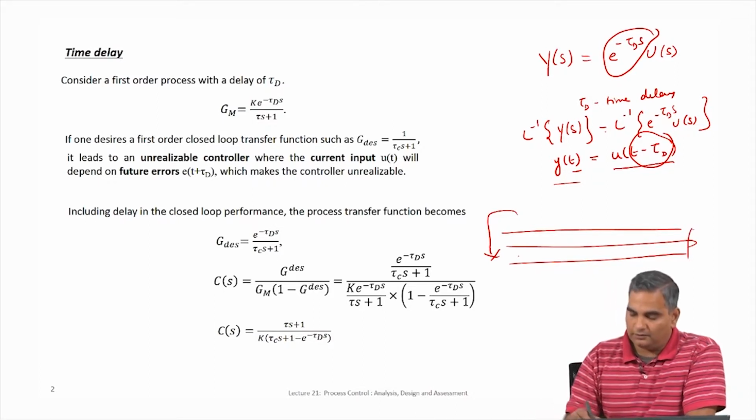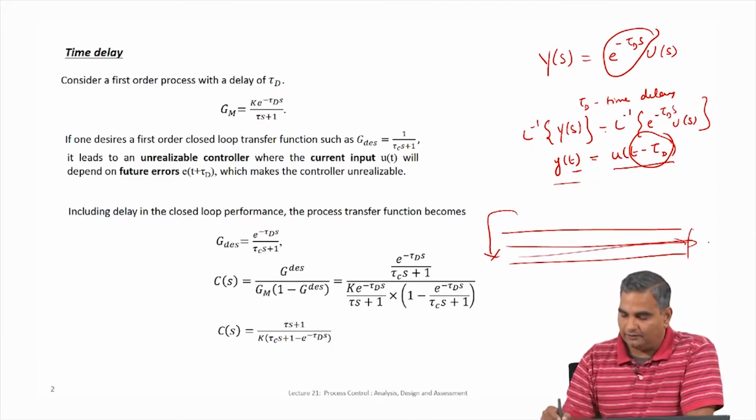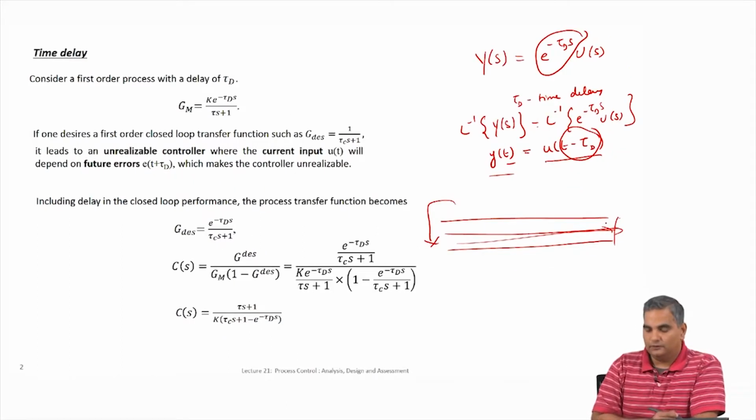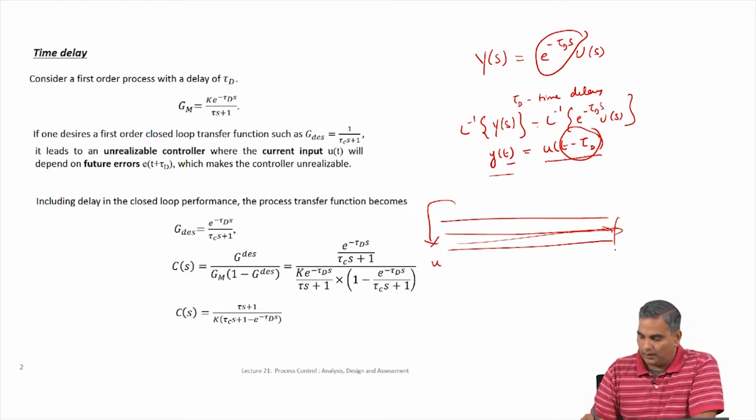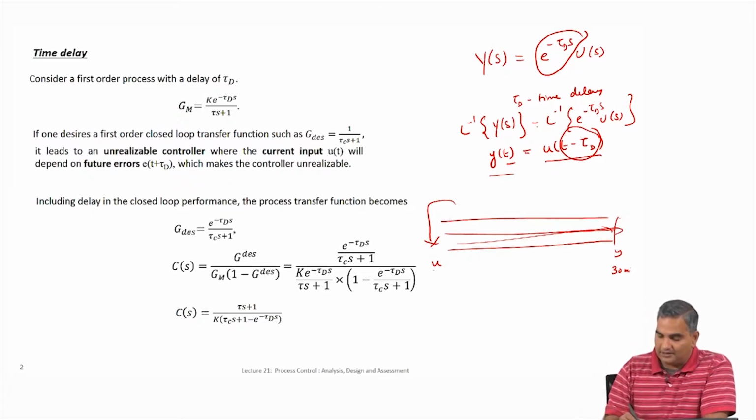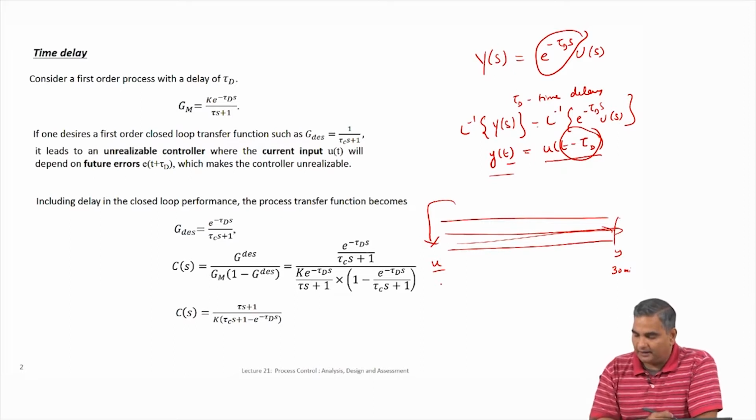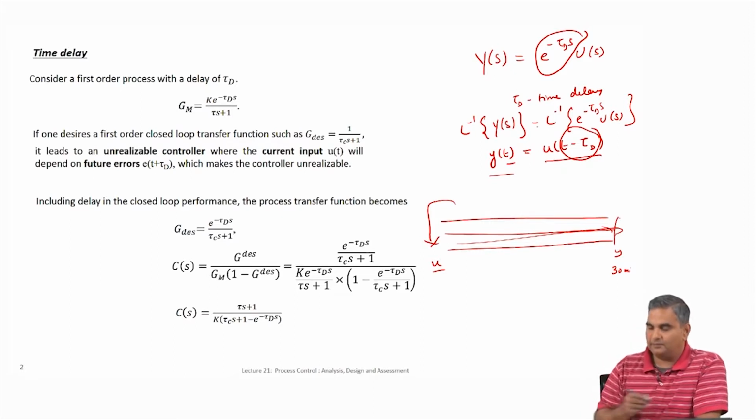All this intermediate liquid has to go out before this high flow reflects here. So, if I think of this as u and this as y, and I see a sudden change here, let us say at 30 minutes in the flow, that is because something changed here quite a while back, and that is the reason why I am seeing this change here.